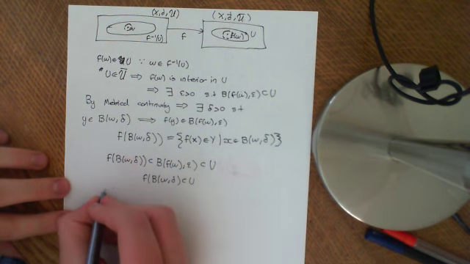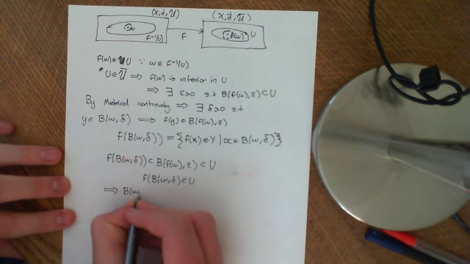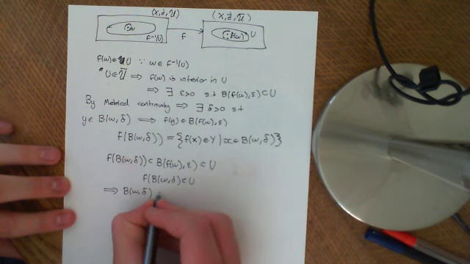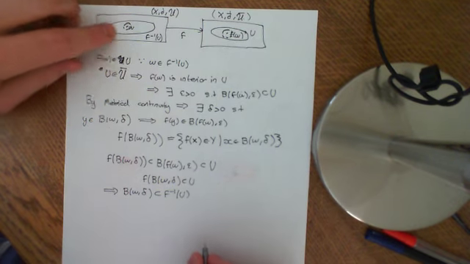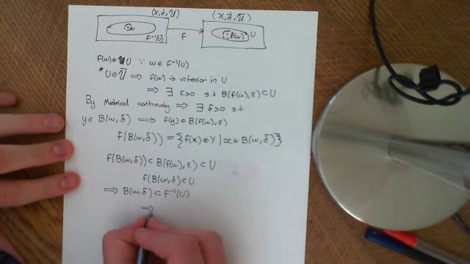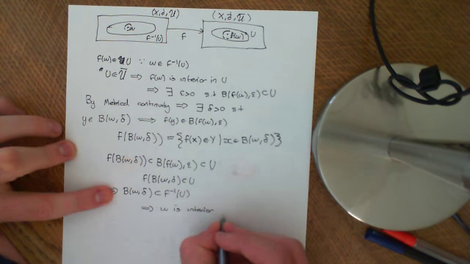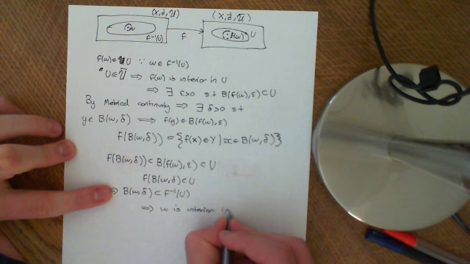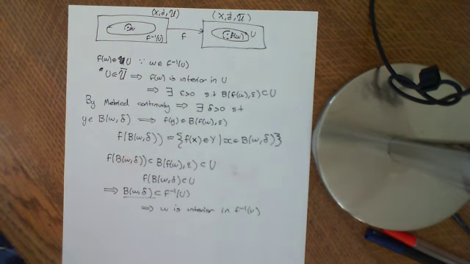Okay, but then that implies that this ball of points centered at W of radius delta is completely contained within the inverse image of U, i.e. it's contained within this inverse image, just as I drew, which implies that W is interior, since this is our perfect ball we needed. W is interior in F inverse of U, because this ball here functions as this epsilon neighborhood we need.